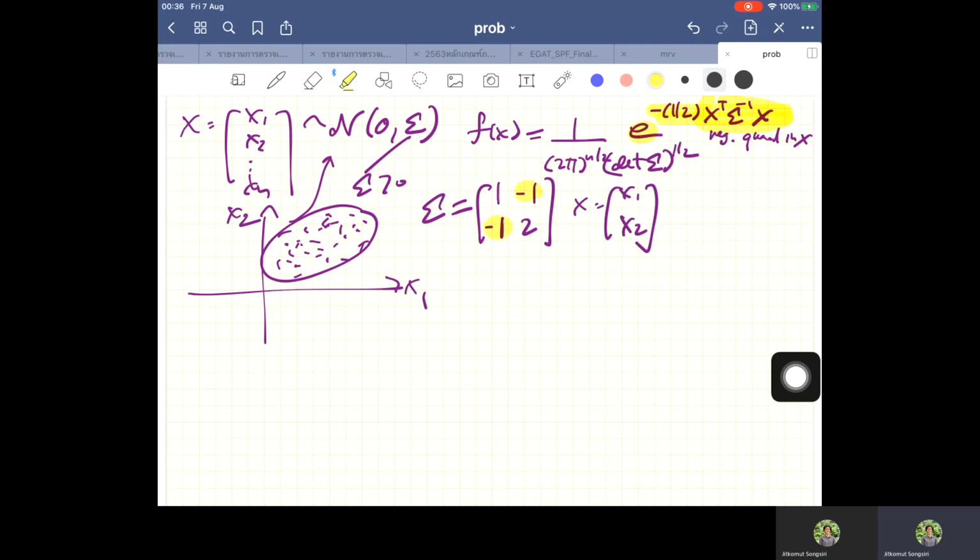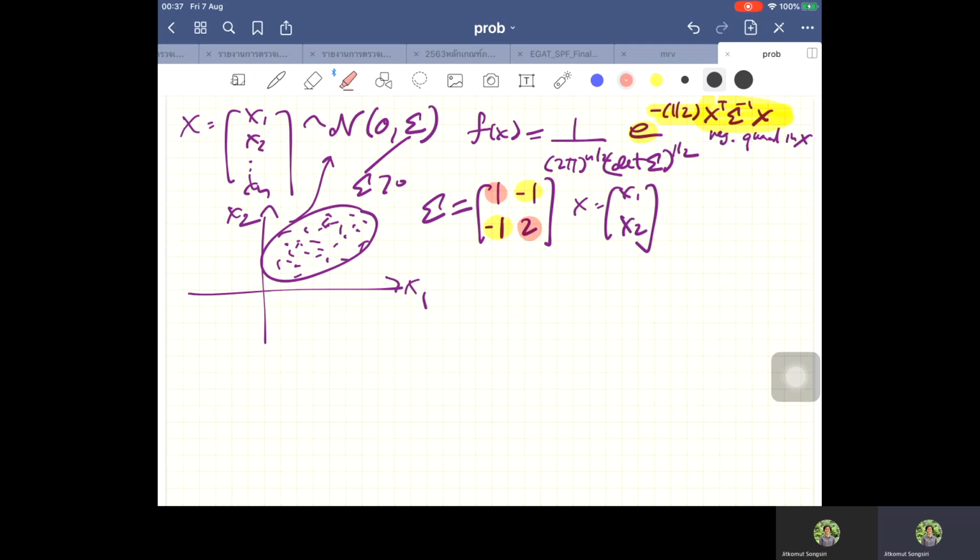X1 and X2 have correlation of -1. So you can expect that if you make a scatter plot, it should be that when X1 is big, X2 should be small, something like this. And the variance of X1 is 1, the variance of X2 is 2. So the range of X2 should be bigger than X1.